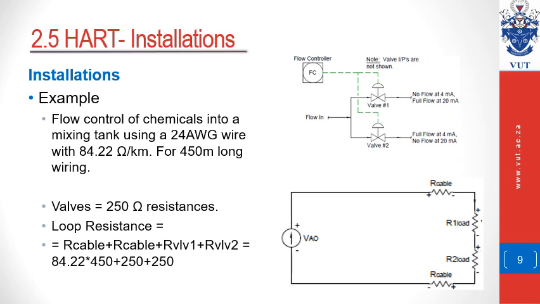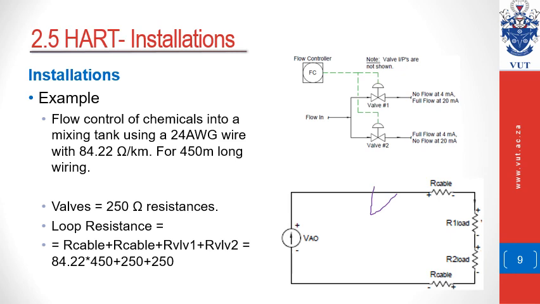Similarly, in this instance, the diagram above can be translated into a simpler circuit diagram shown with four resistors below. What happens here is that the flow controller acts as a transmitter, which is a current source, and that current source is supplying current into a circuit.